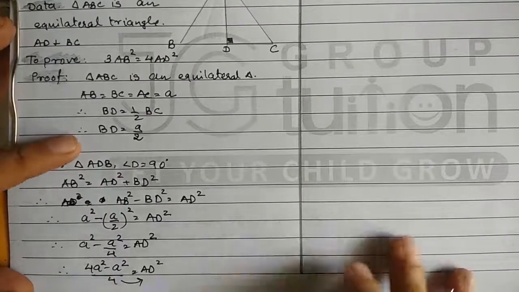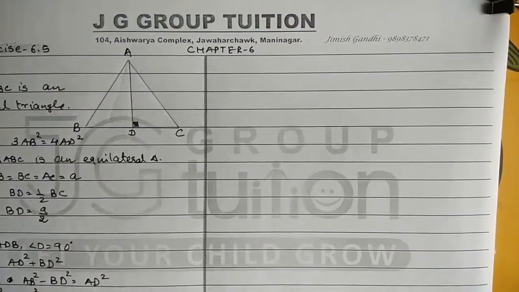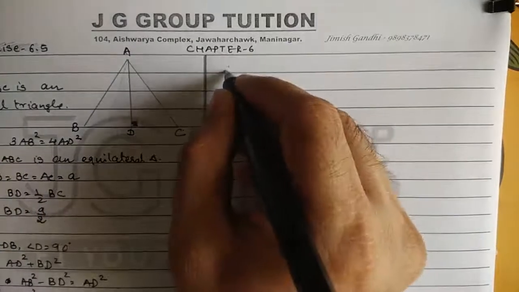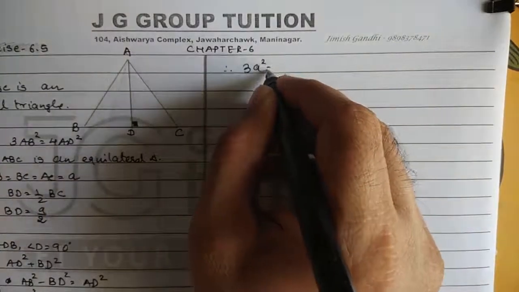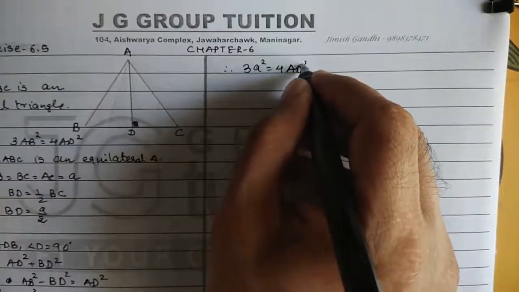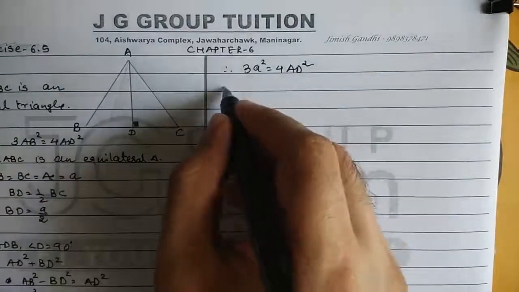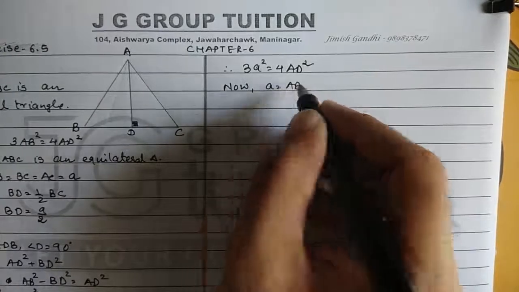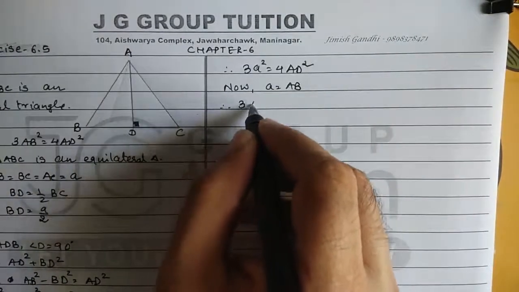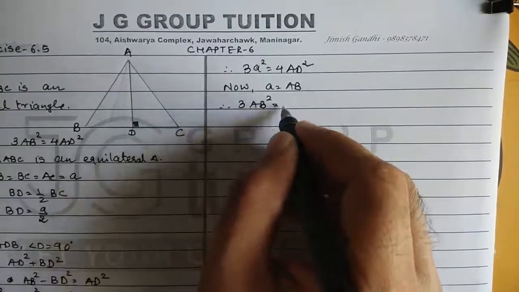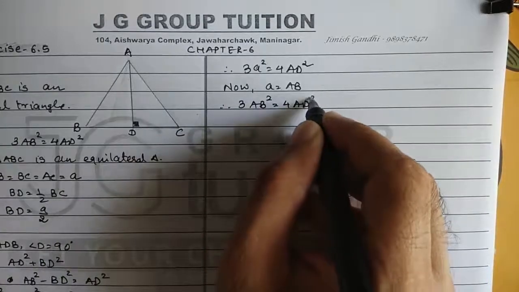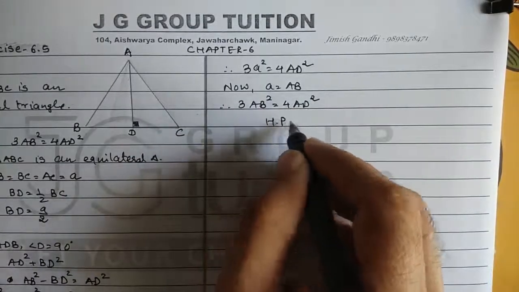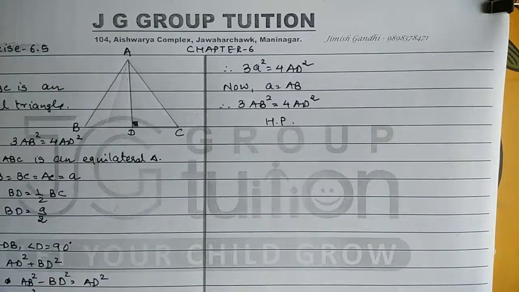I'll take this 4 to the right hand side. So here I obtain 3A square is equals to 4AD square. So we suppose A as AB. Let us substitute: 3AB square is equals to 4AD square. Hence we prove this question.